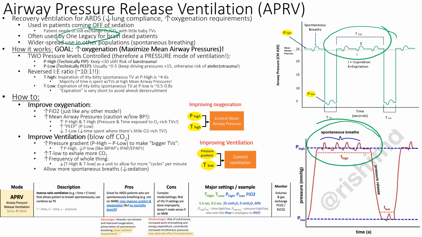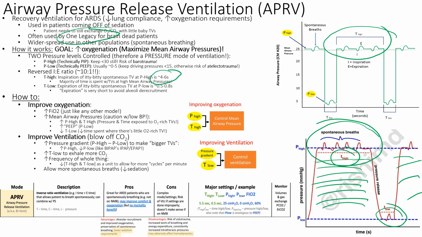What they're doing is exposing the patient to all this airway pressure and letting the time that they are not exposed to it be very, very little. The time they spend at the high level is about 4 to 6 seconds. So 4 to 6 seconds, they're all the way up there.